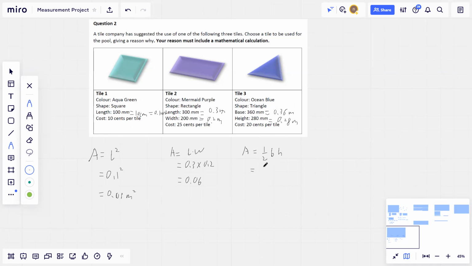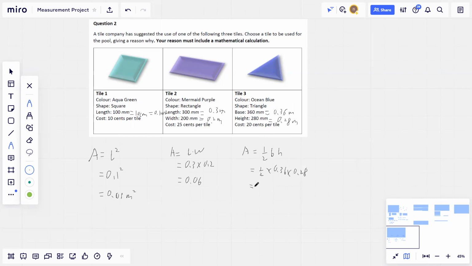So that would be 1/2 times 0.36 times 0.28. Then you can use a calculator: 0.5 times 0.36 times 0.28.